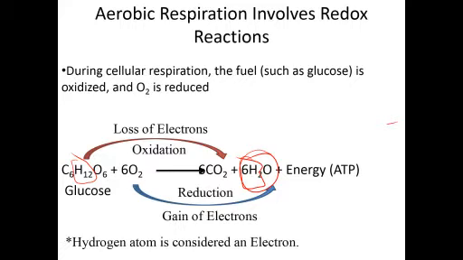You also end up with 6 oxygen atoms in your water molecules, which, when everything is tallied up, gives you the same number of carbon atoms, hydrogen atoms, and oxygen atoms on the left as you do on the right.